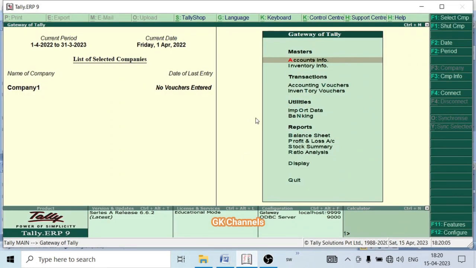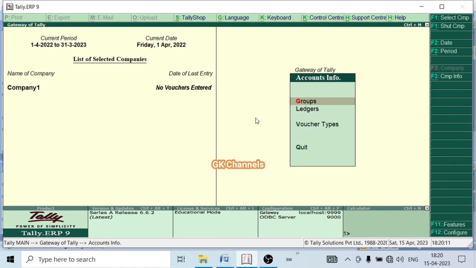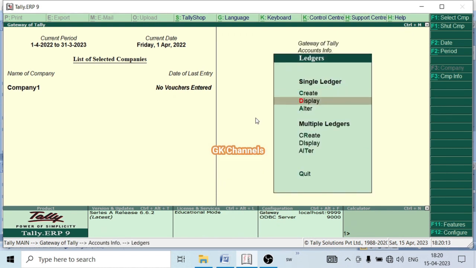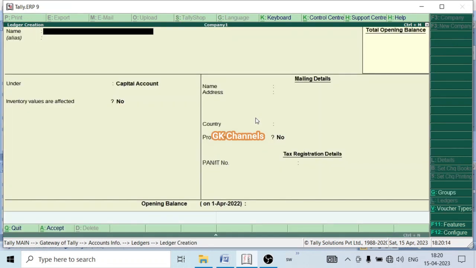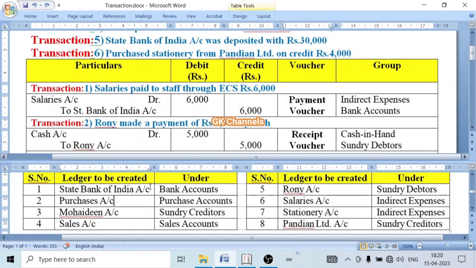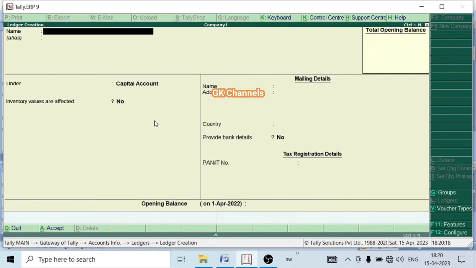We are going to gateway of tally menu, masters submenu, accounts, ledgers, create. So first ledger to be created, State Bank of India account under bank accounts.